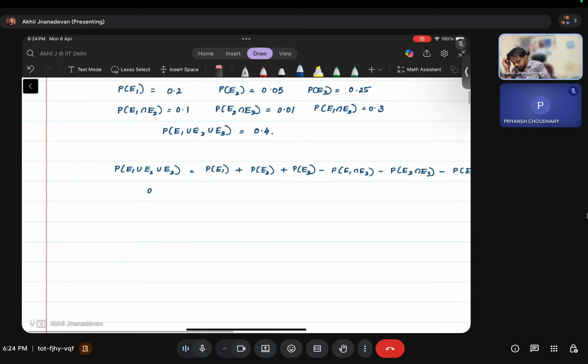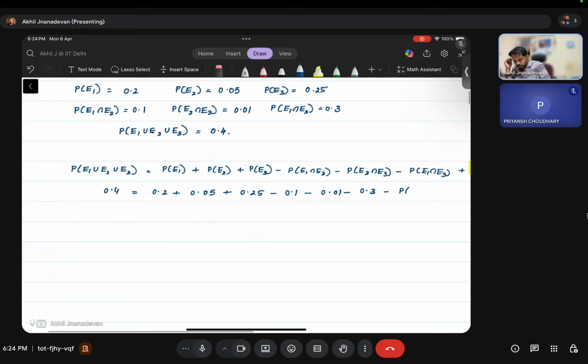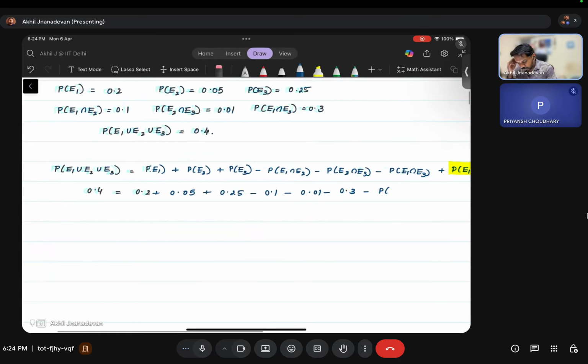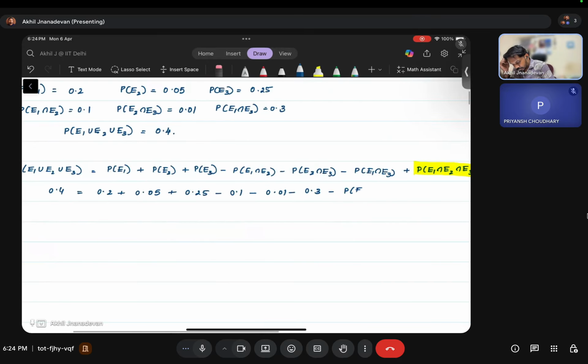This is 0.4 equals 0.2 plus 0.05 plus 0.025 minus 0.01 minus 0.01 minus 0.03 plus P of E1 intersection E2 intersection E3.